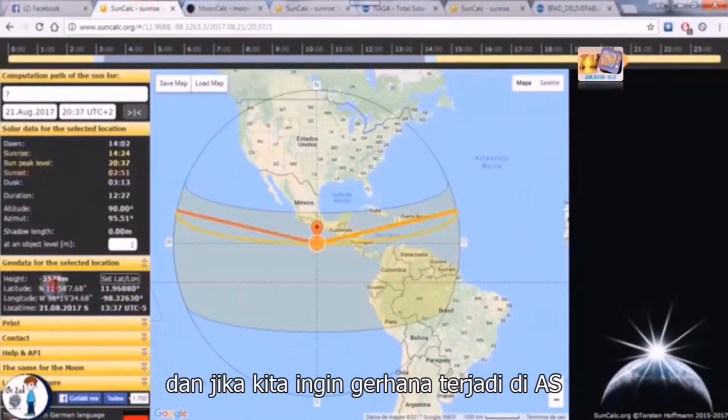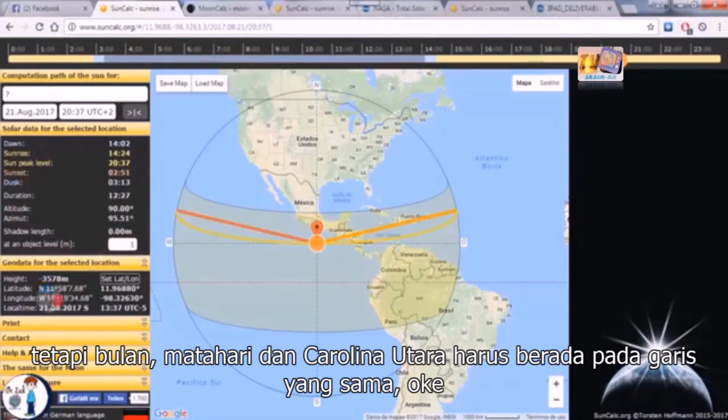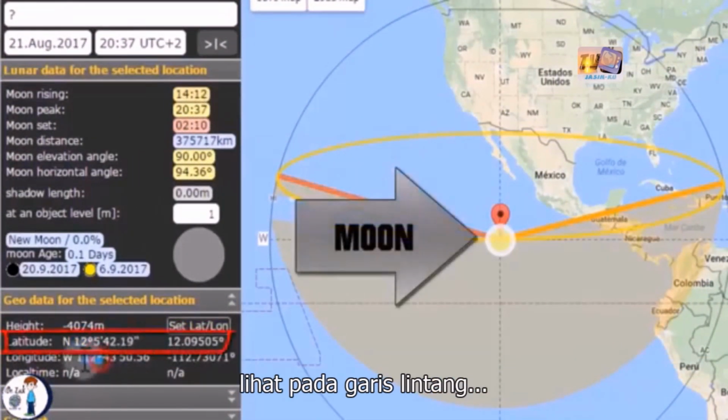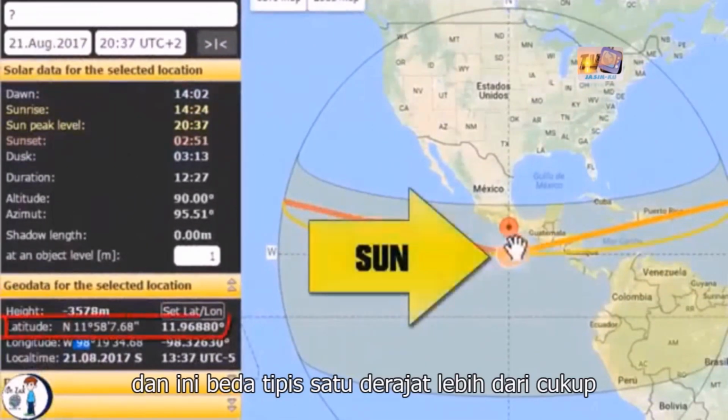And if we want the eclipse to happen on the USA, then they should not be on the same spots over this place. But the moon and the sun in Brevard, North Carolina should be on the same line. Okay? Look at the latitude line. The moon is 1 degree above the sun, and this is cool. 1 degree is more than enough.